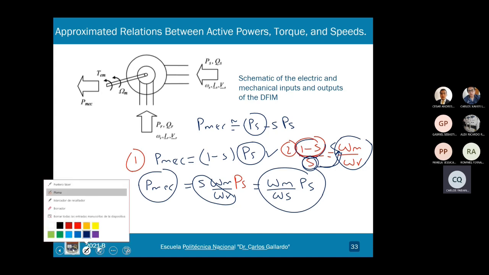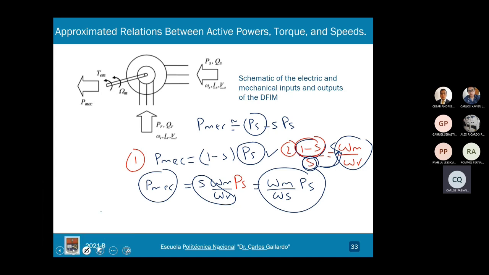On the other hand, from the previous class, we know the mechanical power is equal to the electromagnetic torque times the mechanical speed over the number of poles. So using this equation, it's possible to derive the following equation.